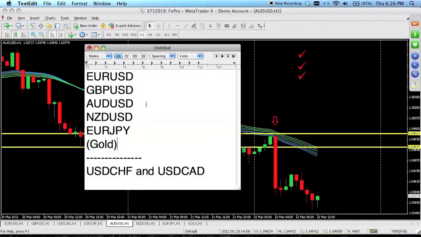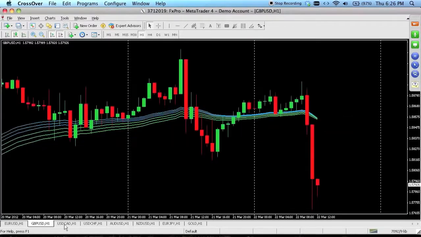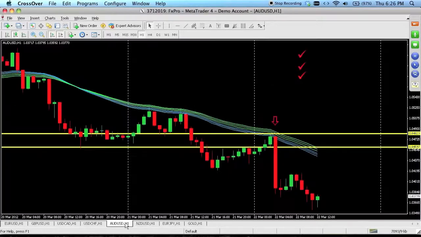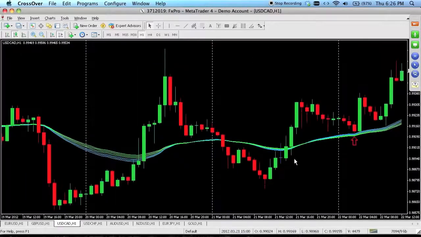So, Aussie dollar we're going to sell. That means we can sell all of this. Now you remember Andrew, when we looked at US dollar CAD at that very same time, and you said that there was a trade, but we said no, there's not a trade because of congestion.